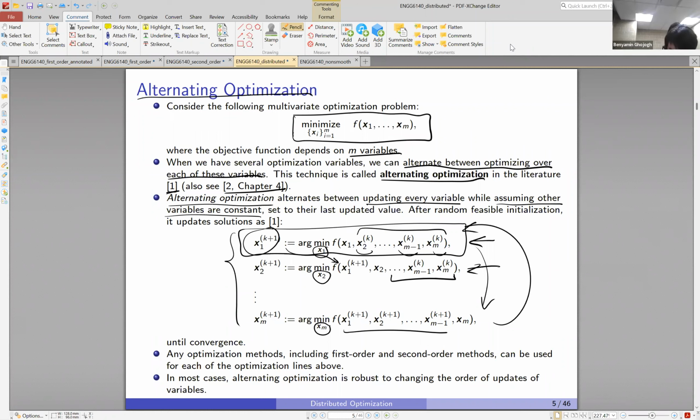Yes. However, you have a convergence here for x1^(k+1), a convergence here for x2^(k+1), and so on, but you also have a convergence for the alternating optimization. Your x1^(k+1) and x1^(k+2) shouldn't change much. This until convergence is for the whole alternating optimization. But in each line, as it is argmin, you need to solve it however you want.